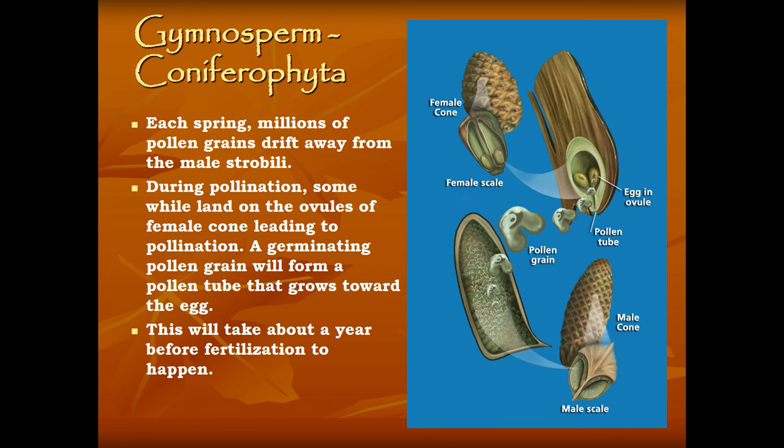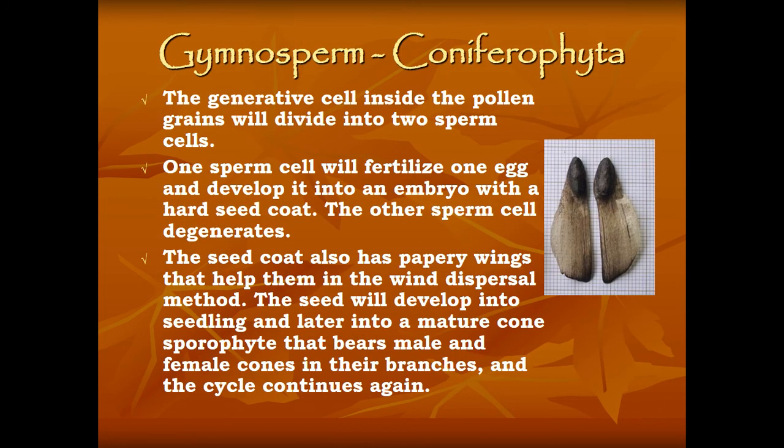A germinating pollen grain will form a pollen tube that grows toward the egg, and it will take years before fertilization occurs. After pollination, the generative cell of the pollen grain will divide into two sperm cells, of which only one will fertilize one egg from the female gametophyte and develop into an embryo with a hard seed coat.